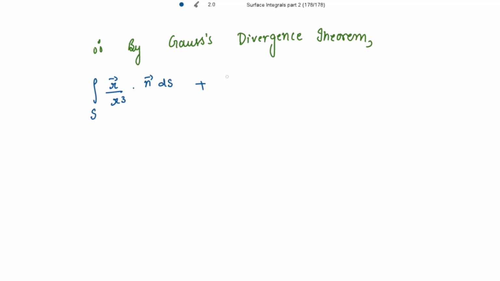So by Gauss's divergence theorem, the given surface integral over S, and we also have to add this with the given surface integral over S1, is equal to the volume integral of divergence of r vector divided by r cube dv over V1.